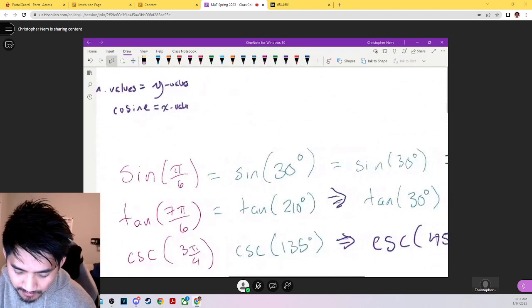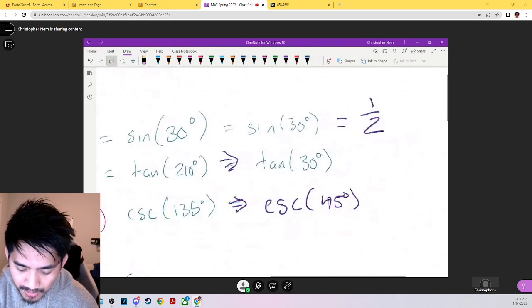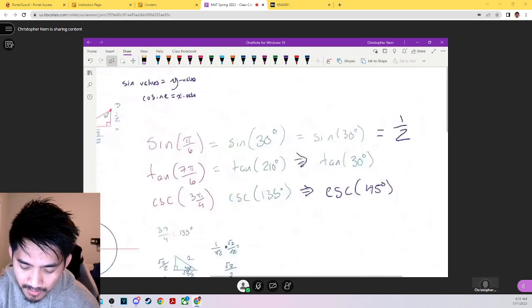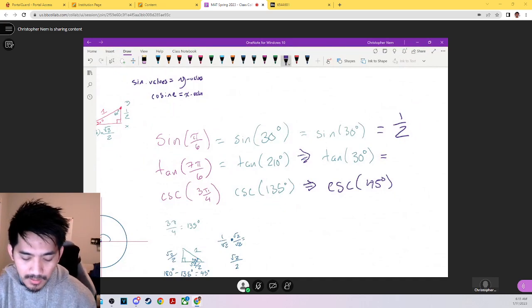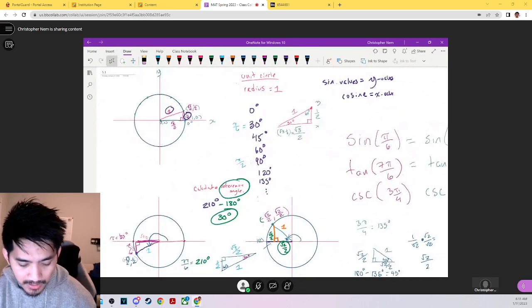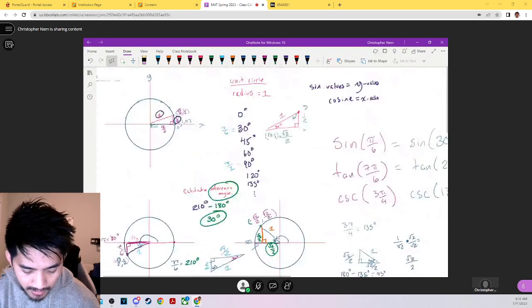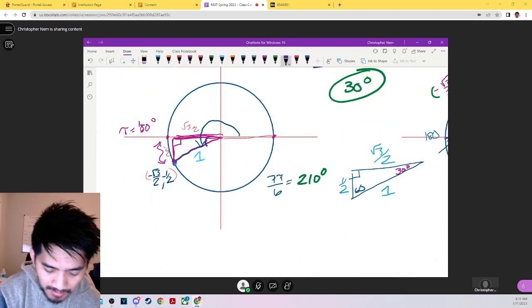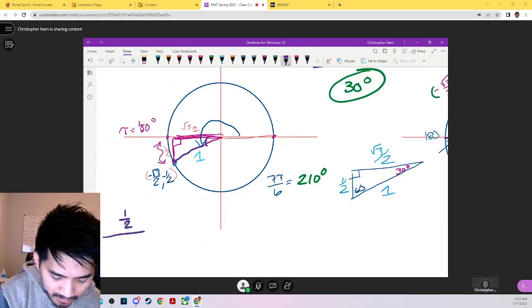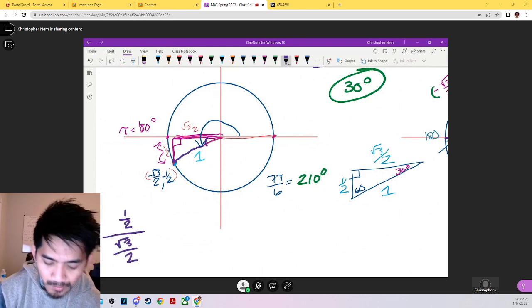Now, tangent. We're going to be using tangent of 30 degrees first. Tangent of 30 degrees, remember, it's opposite over adjacent. So if I go over here, opposite over adjacent. This is my angle measurement. Opposite is 1/2 over square root 3 over 2.